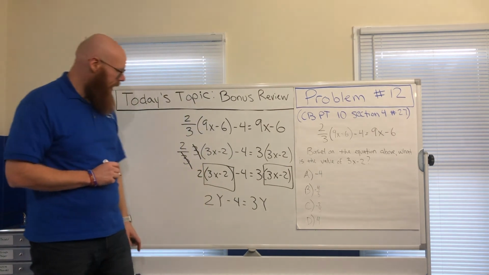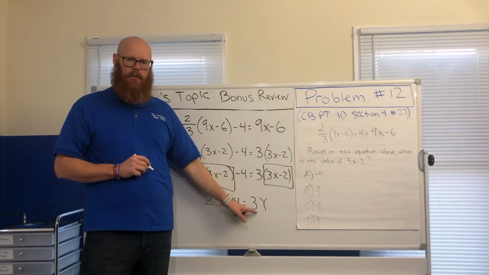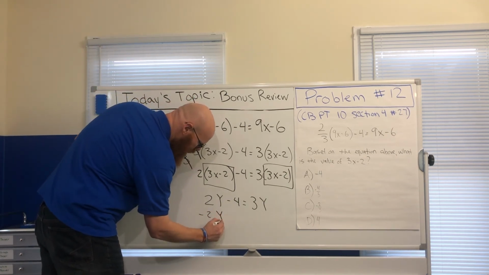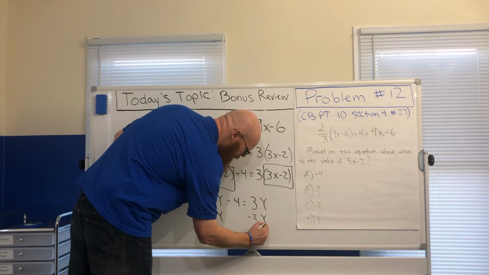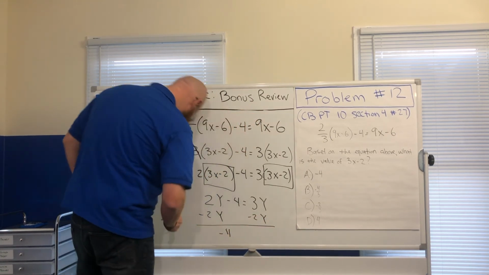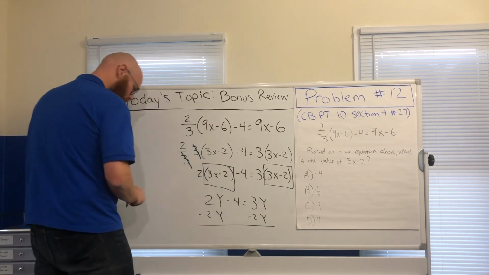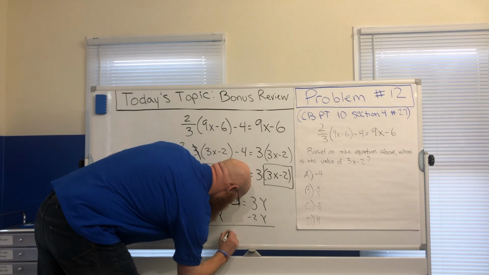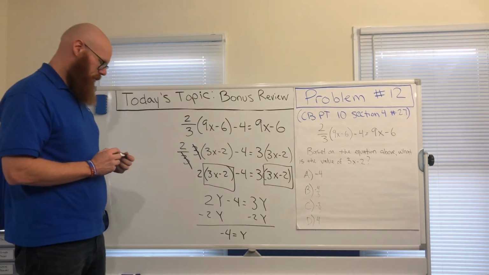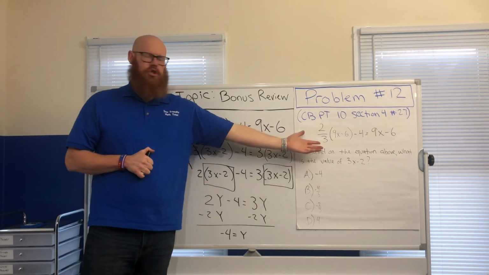And now I've replaced 3x minus 2 with just some other variable, and I can solve this very simply by subtracting 2y. So -4, whoops, that's a pretty terrible 4. And that is our answer, because y was 3x minus 2, which is all we were looking for.